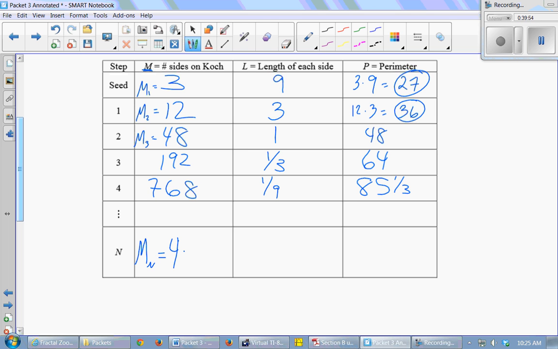And what was my notation for the previous number in the list? M sub n minus 1. So that's a recursive rule. If I wanted to write an explicit rule, I would say, well, I start at 3 and I multiply 3 by 4 over and over again, n times. And repeated multiplication is expressed with an exponent.